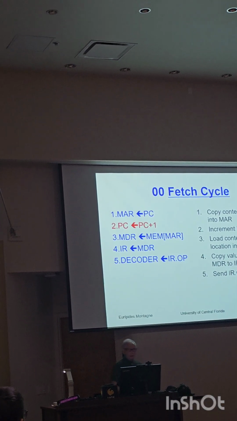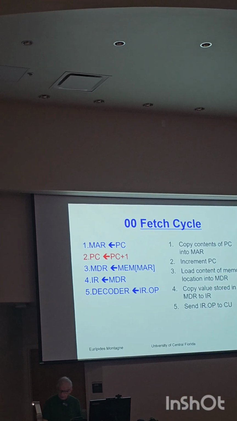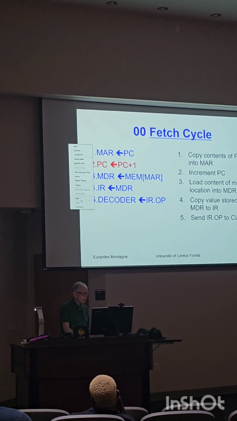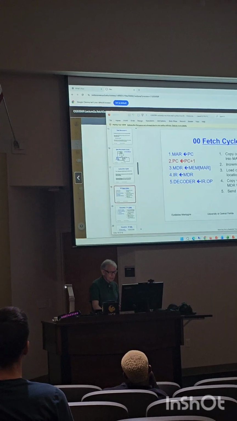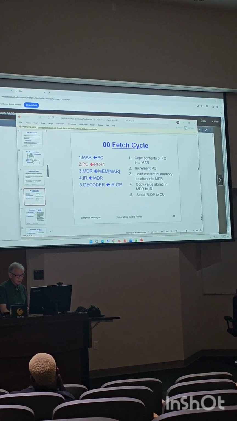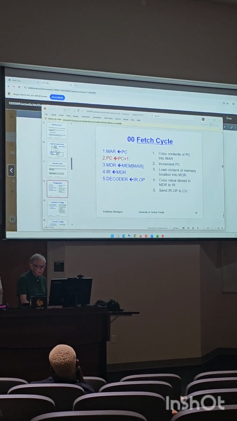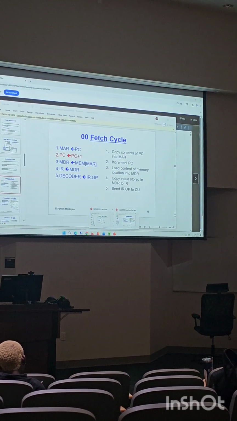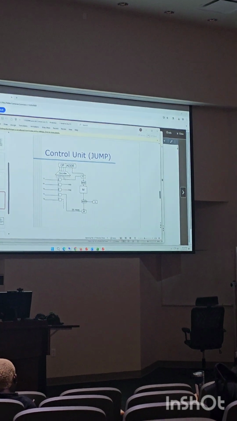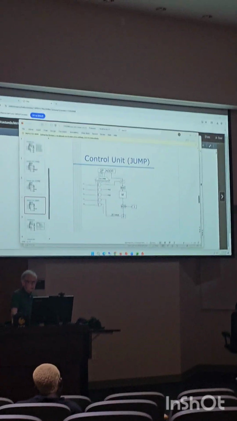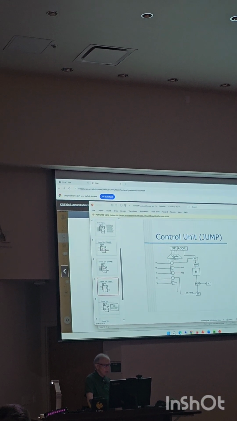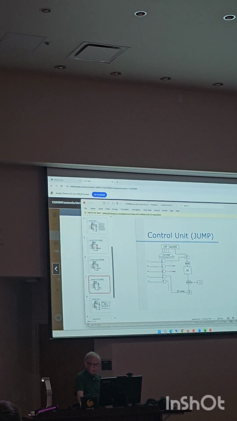But now we know that once the instruction is in the instruction register here, the bits are the input of the decoder, and we select one of the output lines.